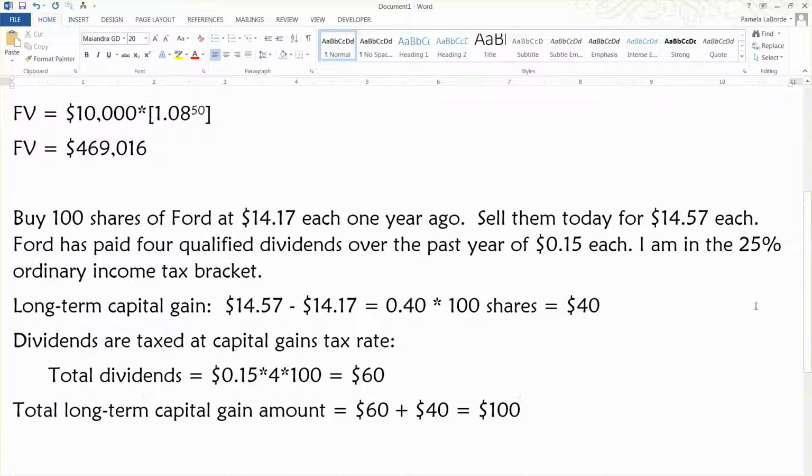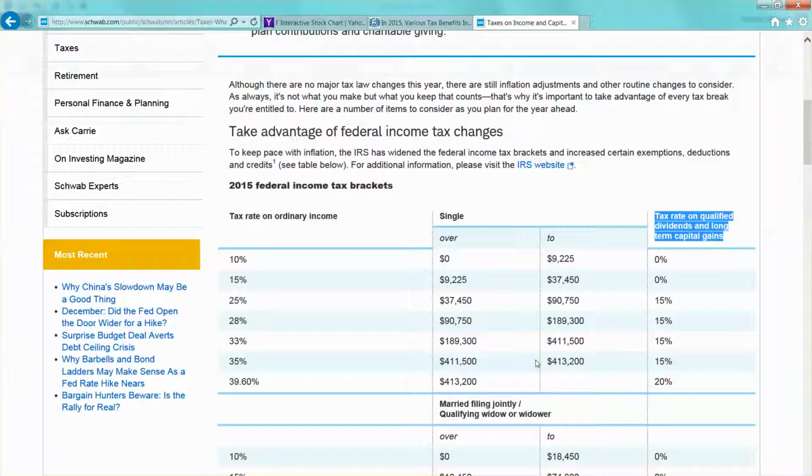If I am in the 25% ordinary income tax bracket, I need to find out what capital gains tax bracket that puts me in. So I'm going to go back to this table. Here I am at the 25% ordinary income tax bracket. So that puts me at the 15% capital gains bracket. So I will owe 15% on that $100.